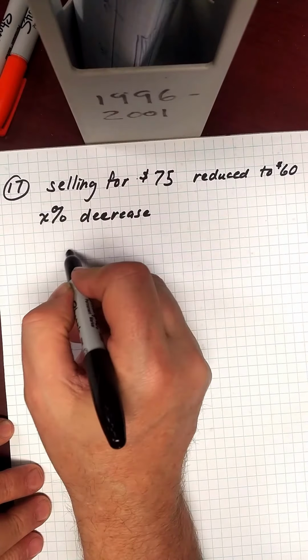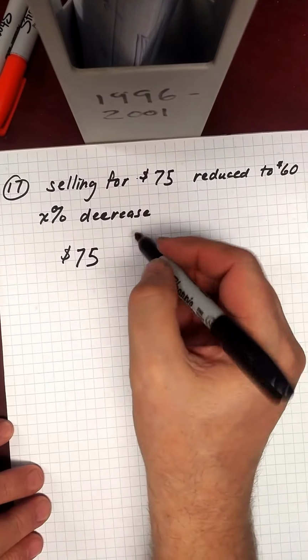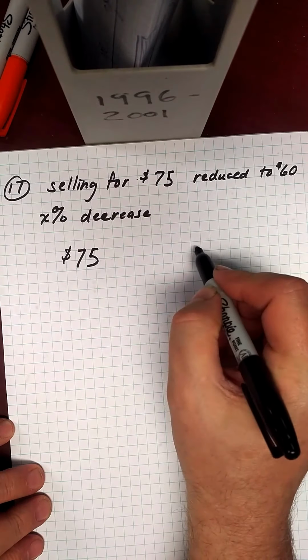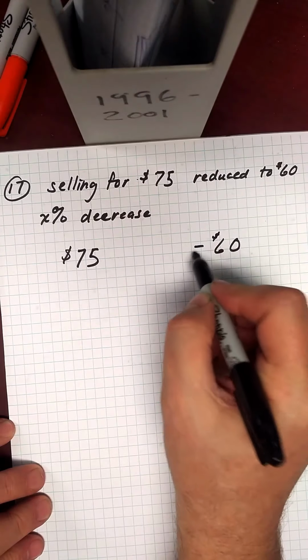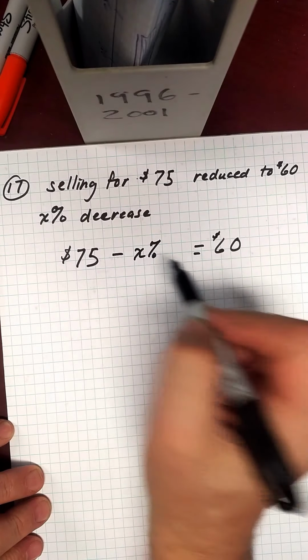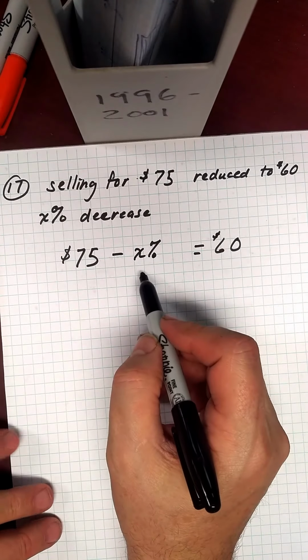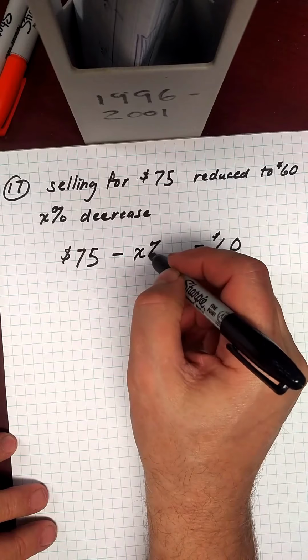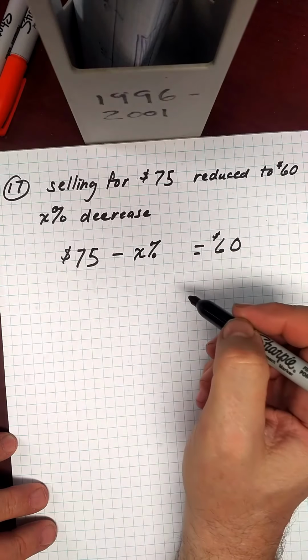So to begin with, we have $75 or 75. Then the price is going to end up at $60, which means in between it had to drop by a percent. Okay? So for this, we're going to have to find out the percent, and it's always going to be the percent of what we started with.